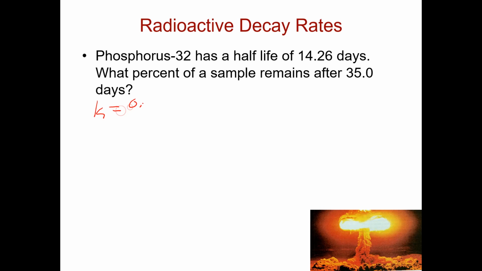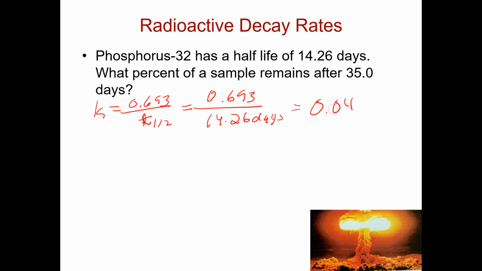So I have K equals 0.693 divided by my half-life, 14.26 days. So if you put into your calculator 0.693 divided by 14.26, you should get 0.0486. And since my half-life is in days this time, my unit for my rate constant is going to be inverse days.